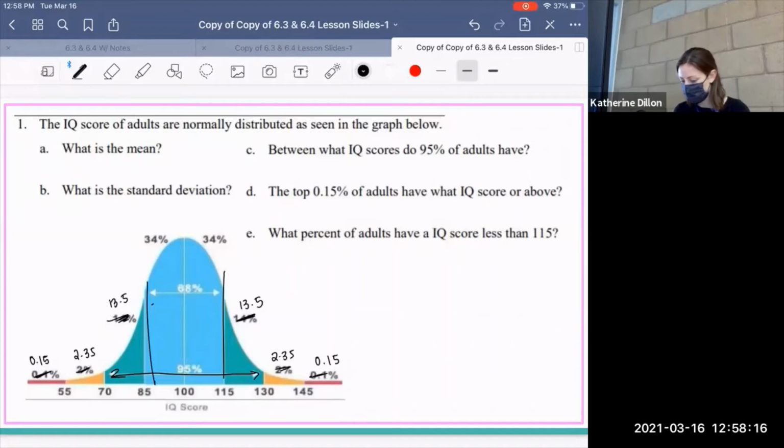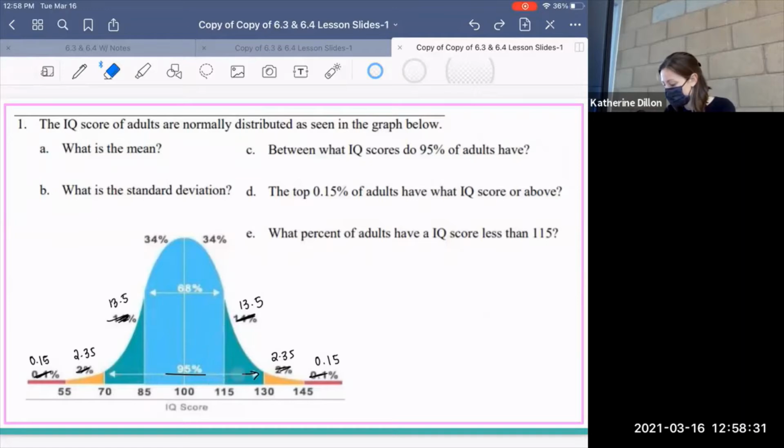So if I do 95 minus 68, I get 27. And we just split that evenly between the 2 sides to get 13.5% on both sides. And then so on with the 2.35% and the 0.15%.